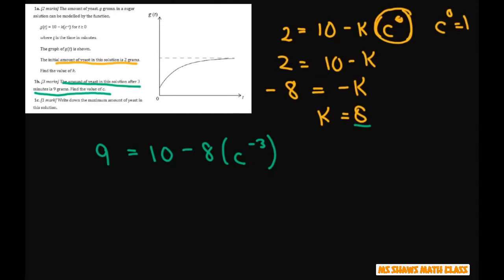Simplifying that, let's subtract 10 from both sides. So you get negative 1 equals negative 8 c to the negative 3. I just subtracted 10 from both sides.